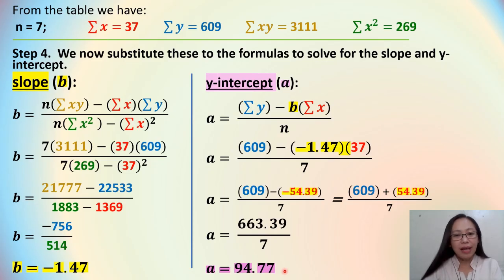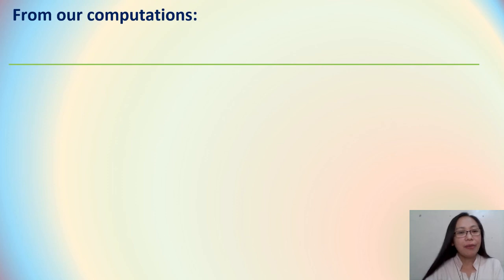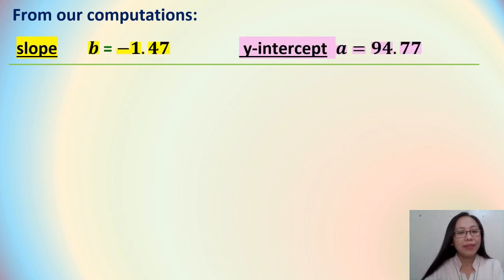Therefore, the y-intercept is a equals 94.77. So now, from our computations, we have the slope, which is represented by b, equal to negative 1.47, and the y-intercept, which is a, equals 94.77.